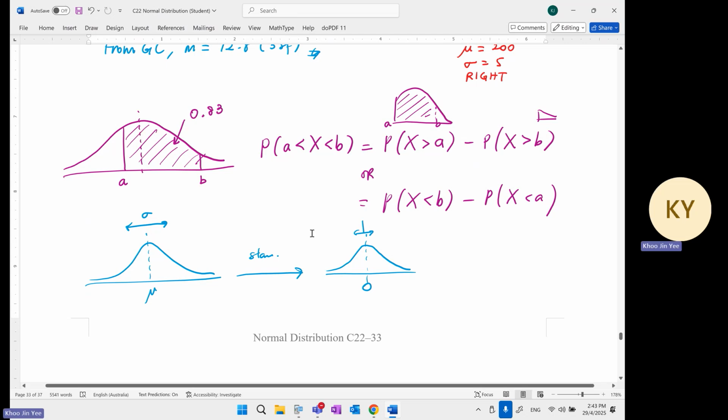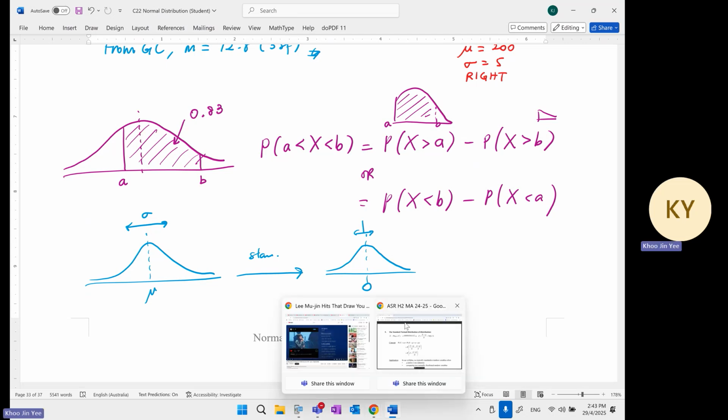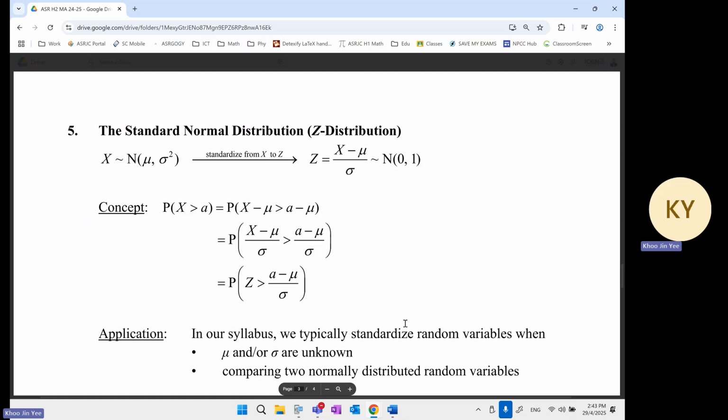The reason we wanted to make this kind of comparison is so that people of the ancient times can evaluate the probability. Now with GC, we technically don't really need to standardize anymore, but we standardized last time to make all the different normal distributions standardized so that we can use a probability table to evaluate the probabilities. But with GC, there's no need.